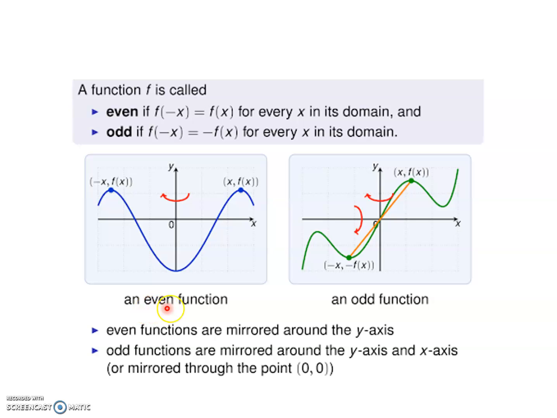An even function obviously covers the symmetry, and the odd function is also not exactly symmetric, but from some point it gives the symmetry. Even functions are mirrored around the y-axis; odd functions are mirrored through the point 0, 0. That is exactly symmetric if it is processed from the origin.